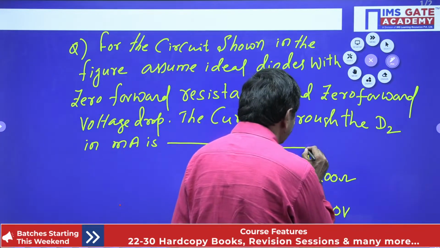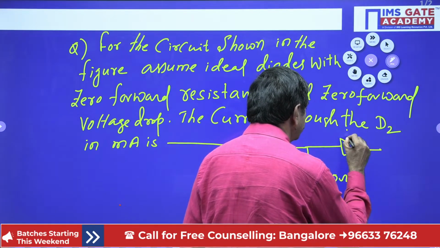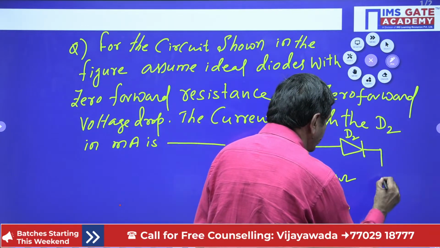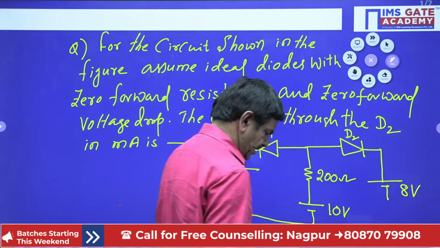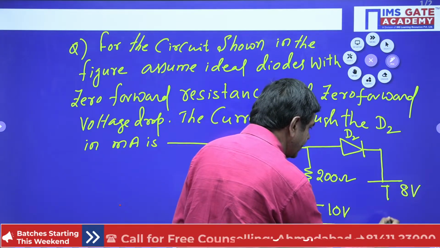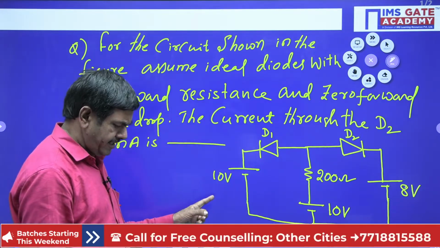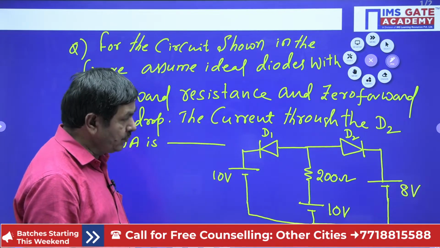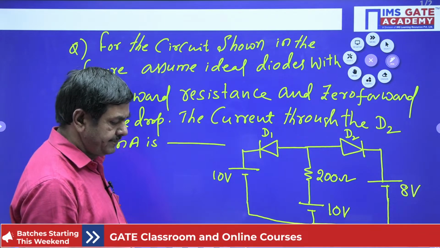Diode D2 is connected on this side, and it is connected with 8 volts. I'll check the values: 10 volts, D1, 200 ohms, 10 volts, D2 and 8 volts. Yes, this is the given problem.